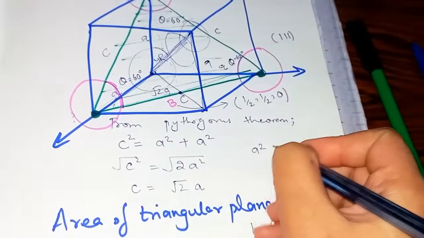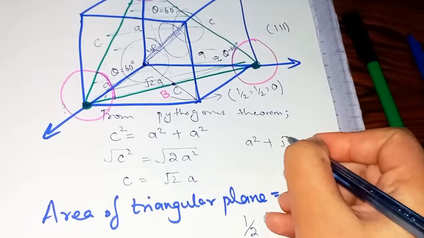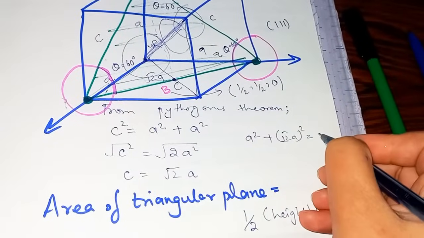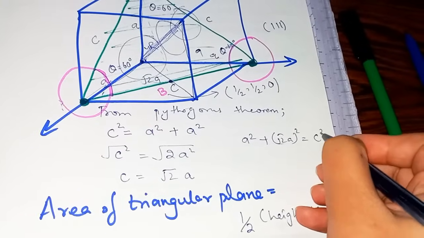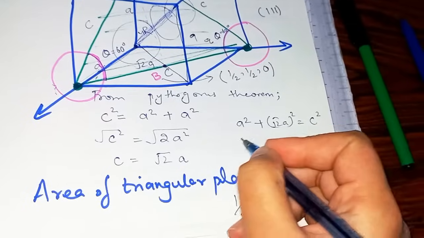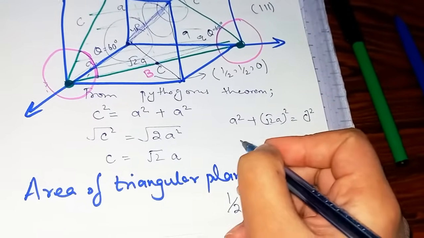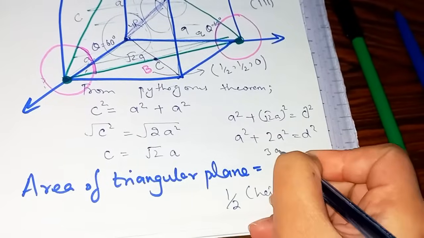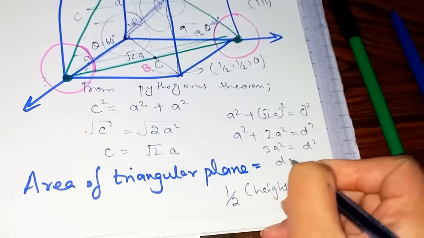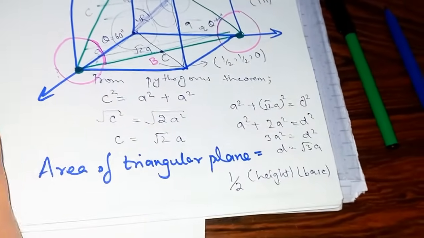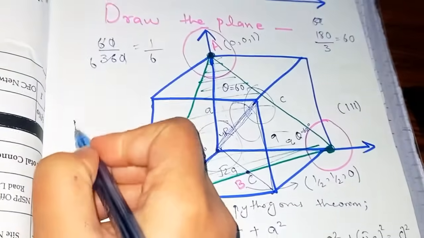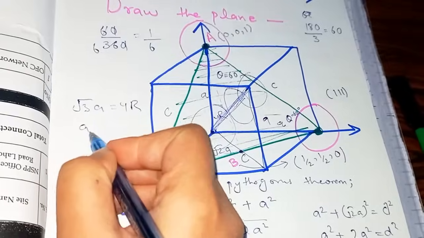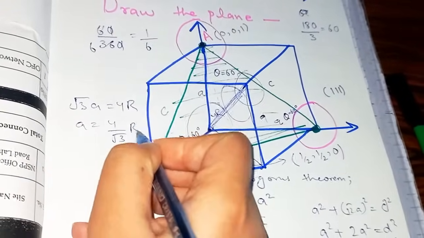This is a squared plus root 2 a whole squared, which equals this length squared. I'm going to call it d squared. a squared plus 2a squared equals d squared. This is 3a squared equals d squared, and d is root 3 a, and root 3 a equals 4r, and hence a equals 4 by root 3 times r.